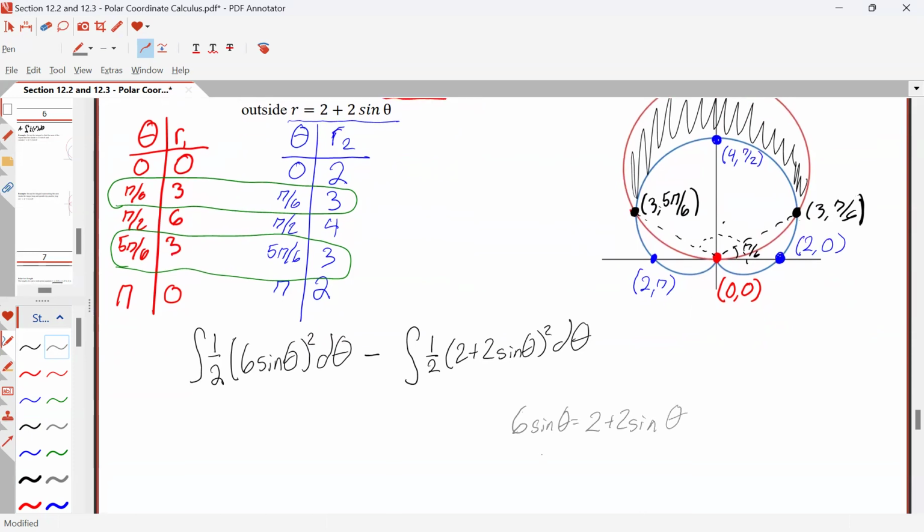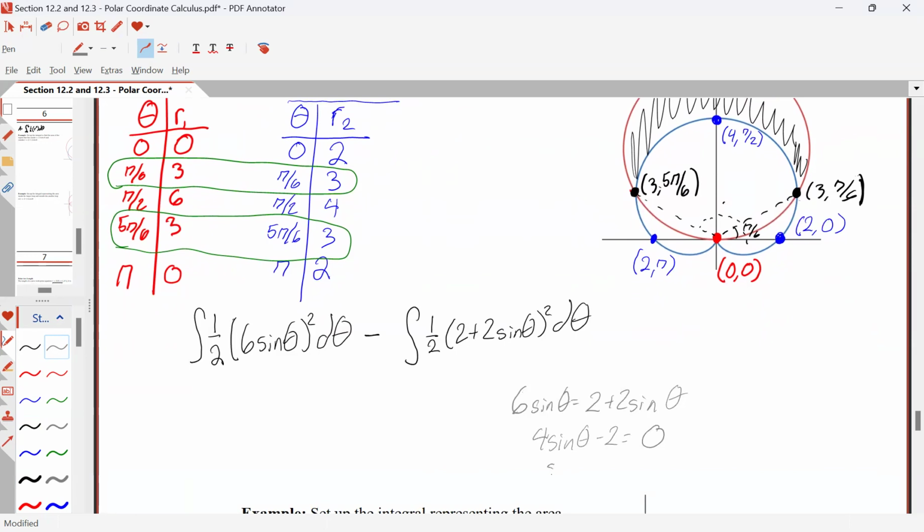This equation simplifies to 4 sine theta minus 2 equals 0, or sine theta equals 1/2. And the values of theta where sine equals 1/2 are pi over 6 and 5 pi over 6.